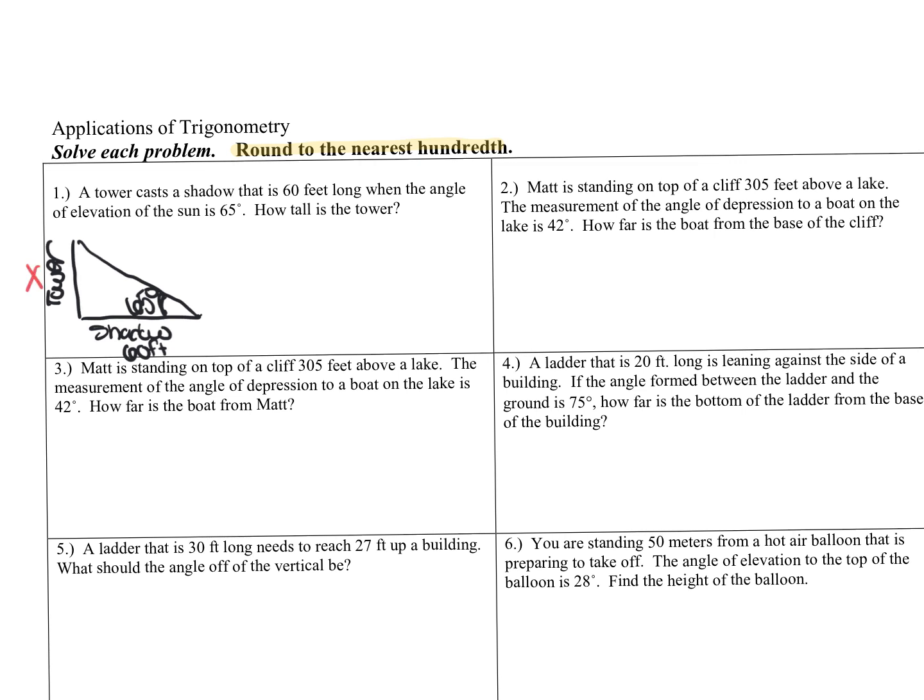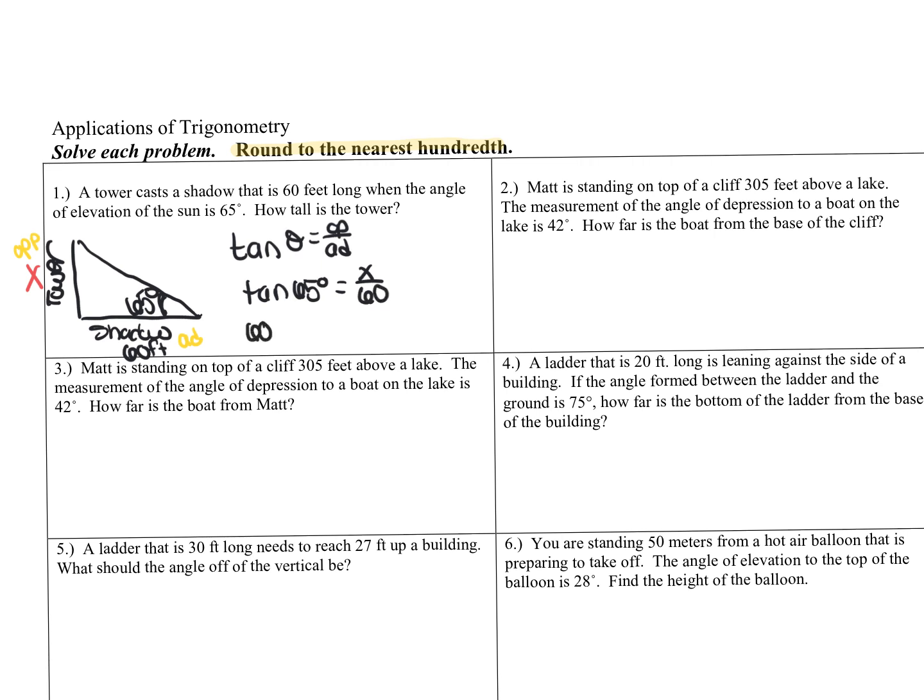So in this picture, with reference to the 65, this is the adjacent and the opposite. So that's tangent. Tangent of theta equals opposite over adjacent. Tangent of 65 degrees equals the opposite, which is the x that we're looking for, over the adjacent, which is 60 feet.